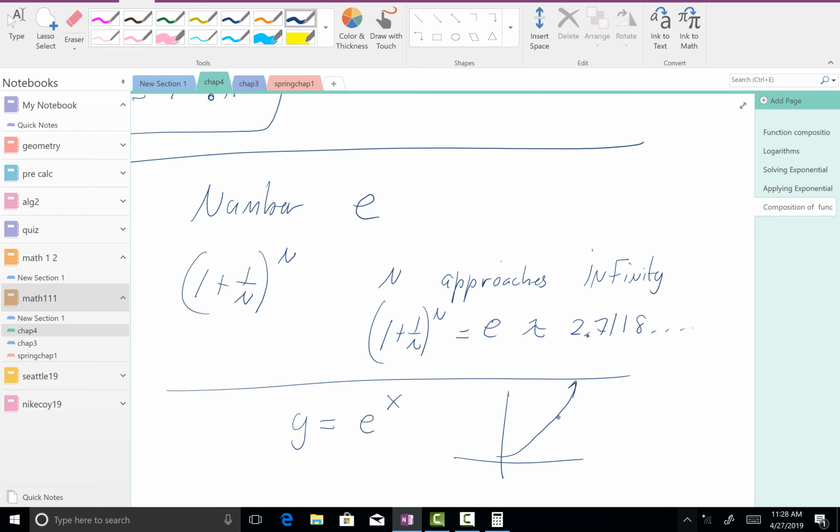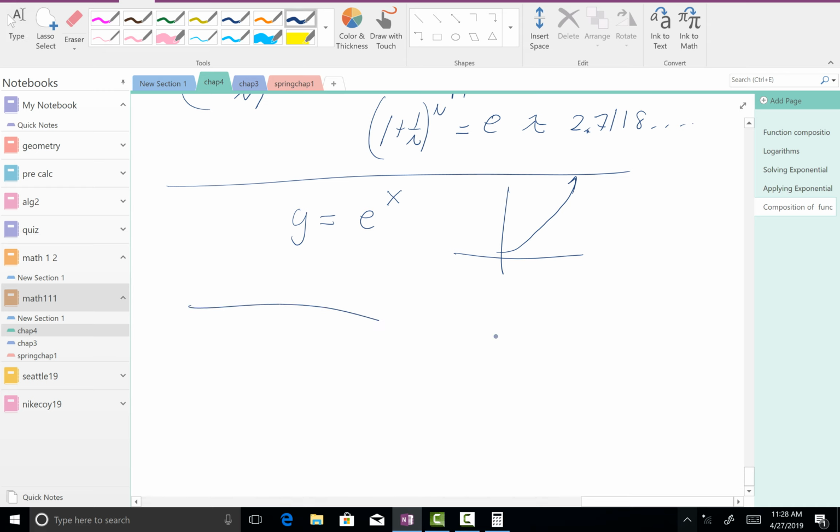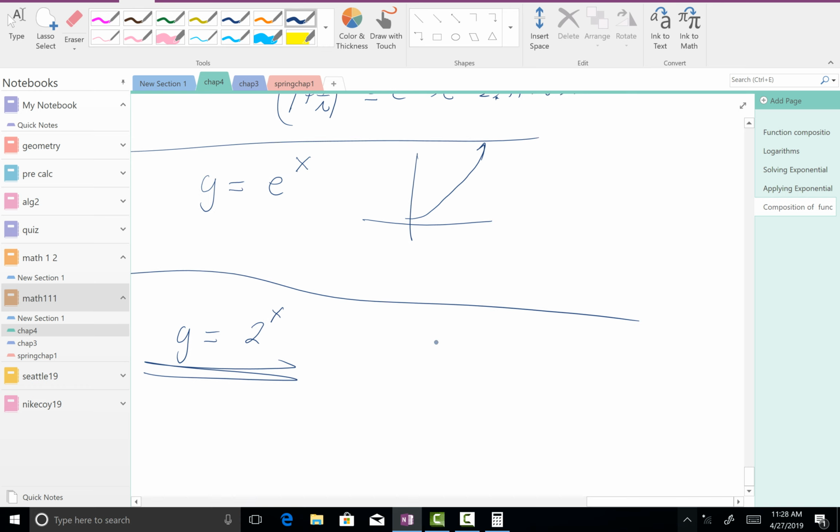Okay, so as long as you remember that if this is our base parent function, and you take it and you add something to it there, right?